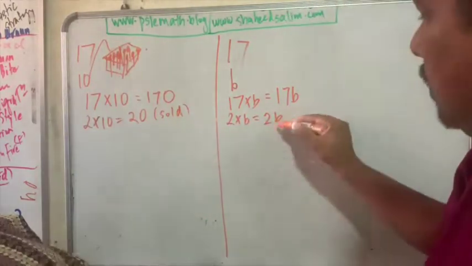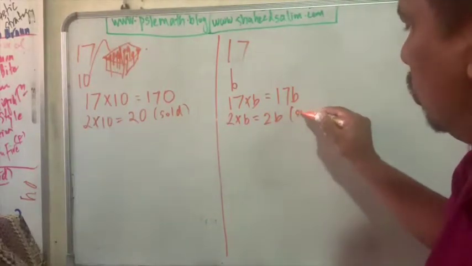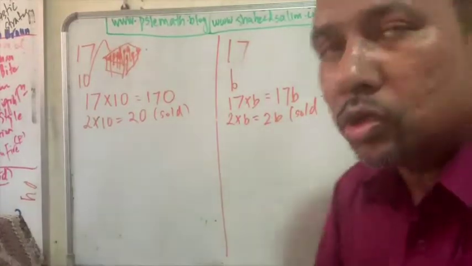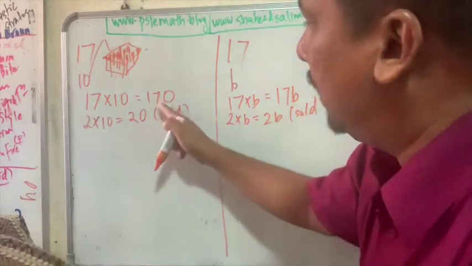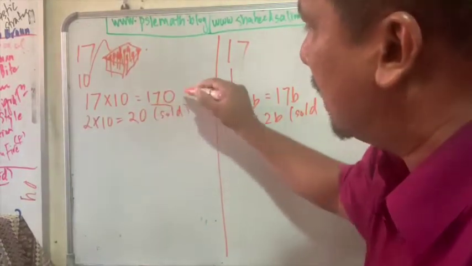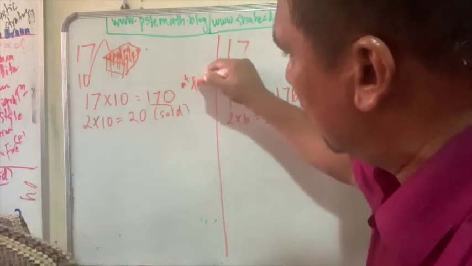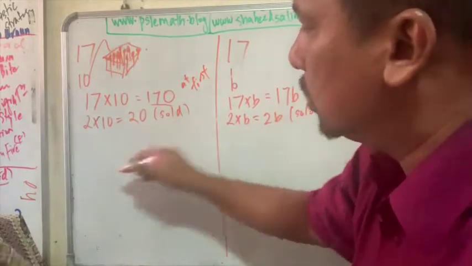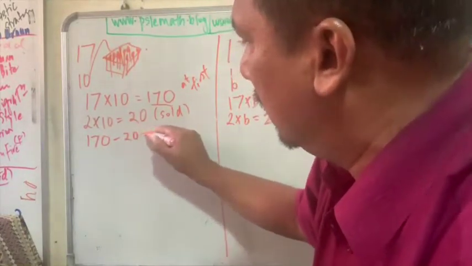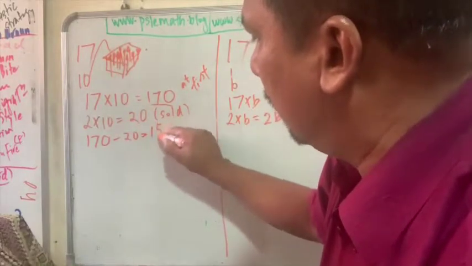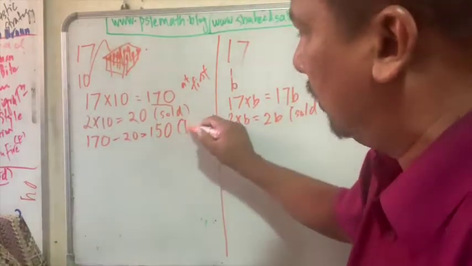In algebra, because this is B, 2B were sold. So my question is, how many candles are left? Very simple. If there are 170 candles at first and 20 were sold, 170 minus 20 equals 150 candles left.